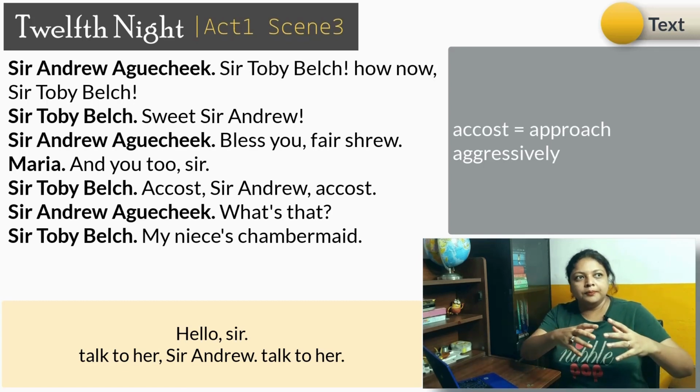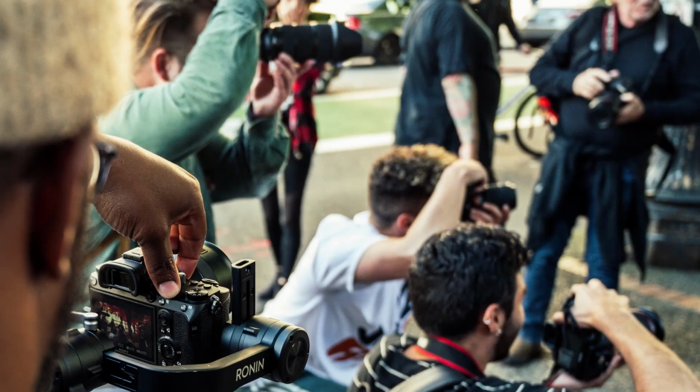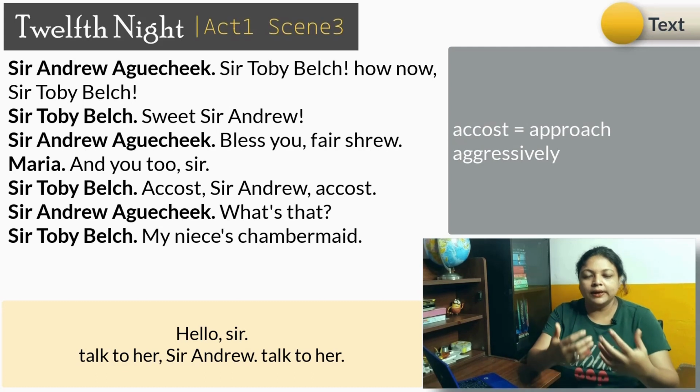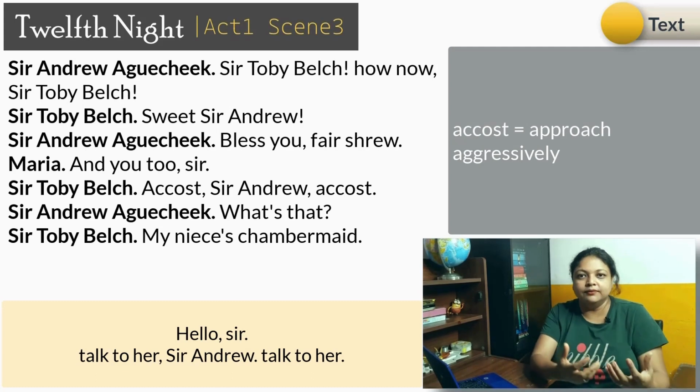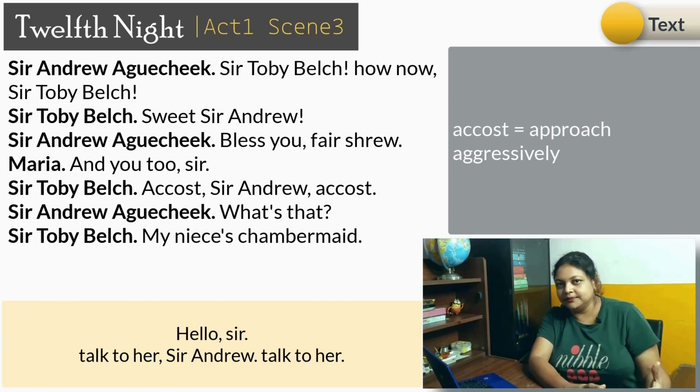Or have you heard about paparazzi, those newspaper journalists who chase people down and finally find them, and the way they talk to them, that is accost. So in an aggressive way, when you deal with somebody, when you greet somebody, it's not a polite thing. It has a lot of aggression in it, a lot of violence in it.